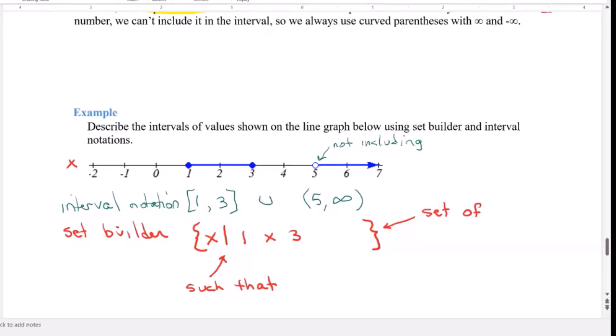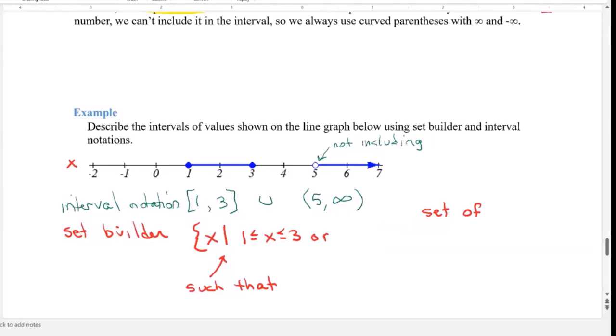And I can include 1 and I can include 3. So I have an interval that says here, x is between 1 and 3, including both 1 and 3. And then that union, if I put it in set builder notation, would actually become an or. And I think I probably have to erase this and move it out a little bit.